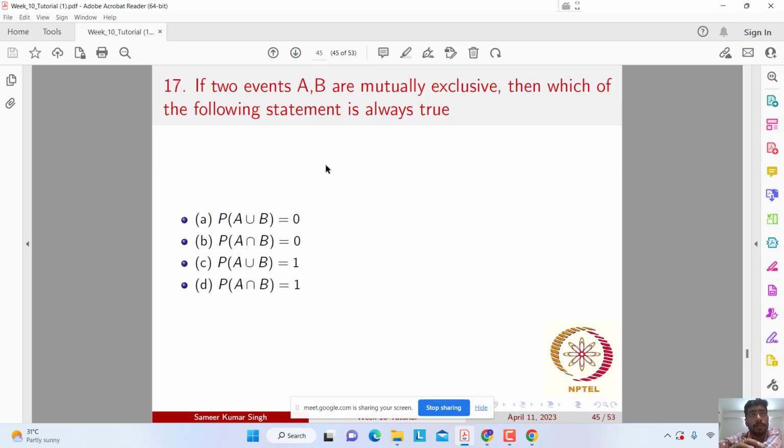Question number 17. If two events A and B are mutually exclusive, then which one of the following statements is always true? What is mutually exclusive? Can you explain it with an example?